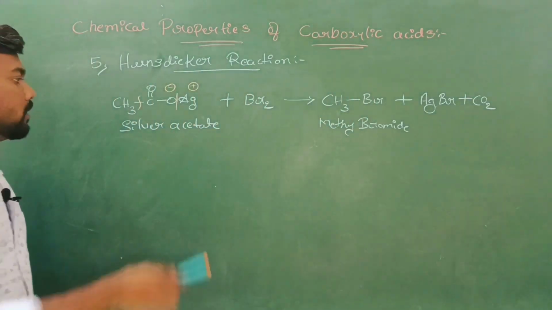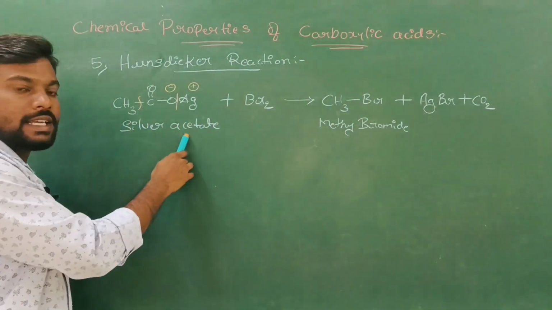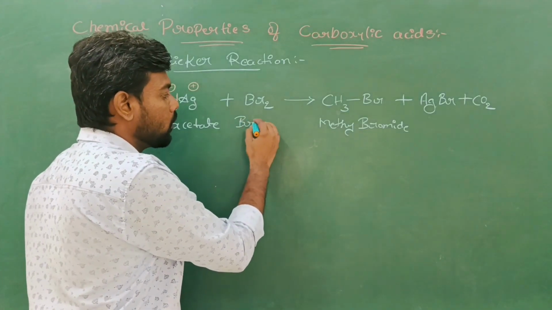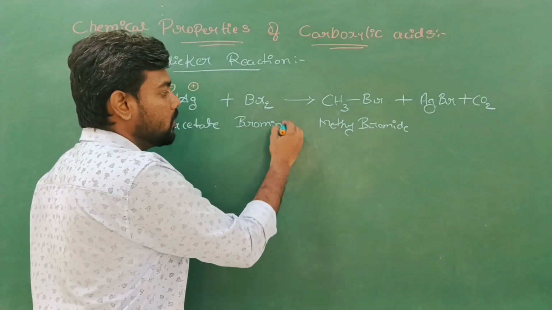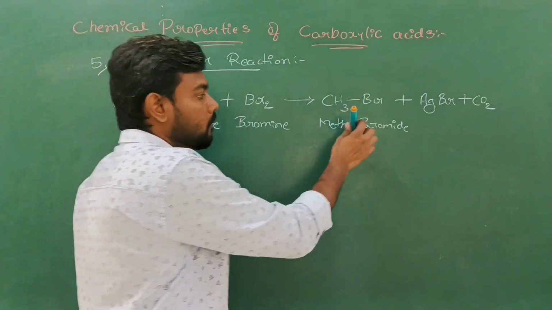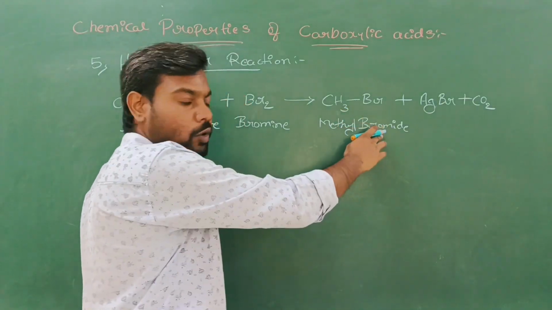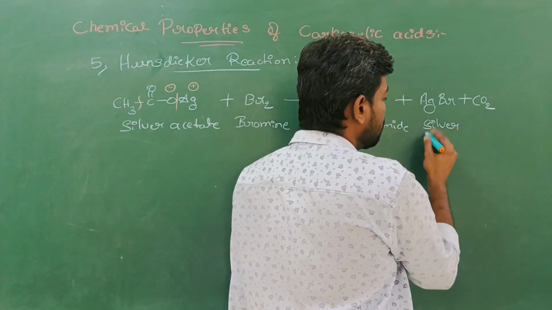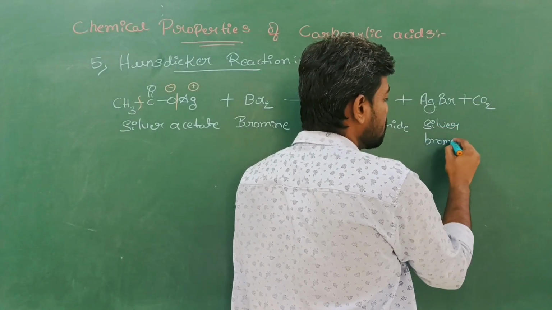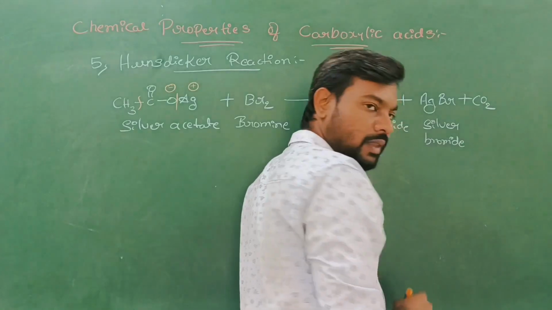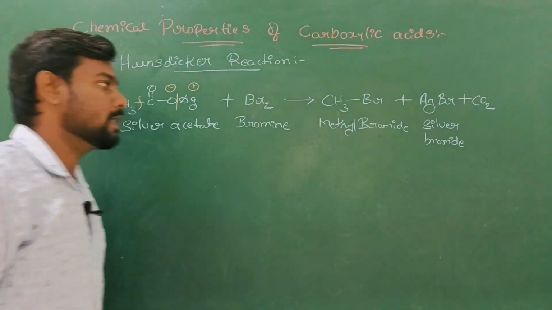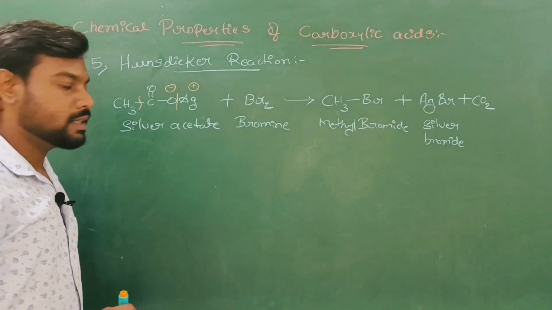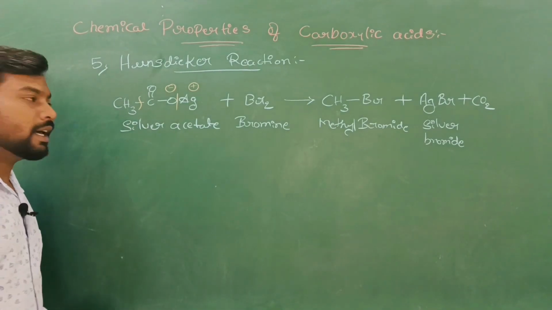So when silver acetate reacts with bromine, it leads to the formation of methyl bromide, silver bromide, and carbon dioxide. This reaction is known as Hunsdieker reaction.